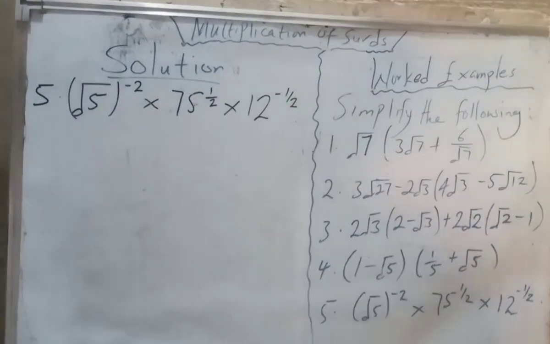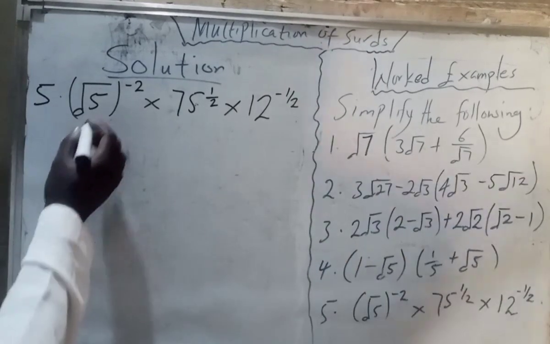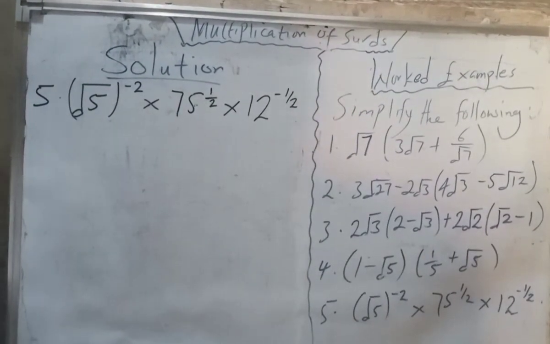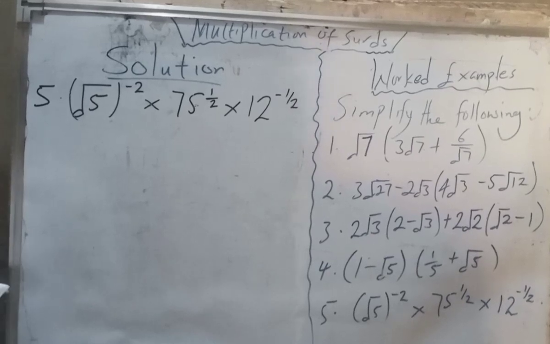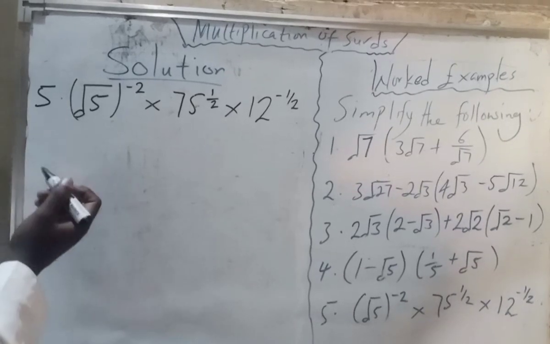Now, coming back to the question, we have root 5 exponent -2. Let me just quickly add this before we answer the question.